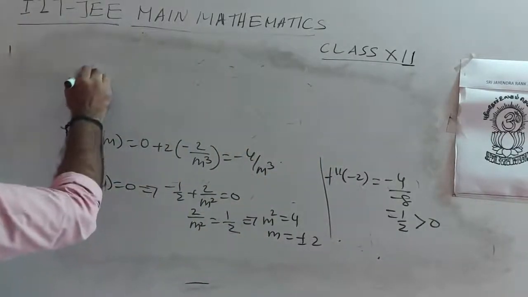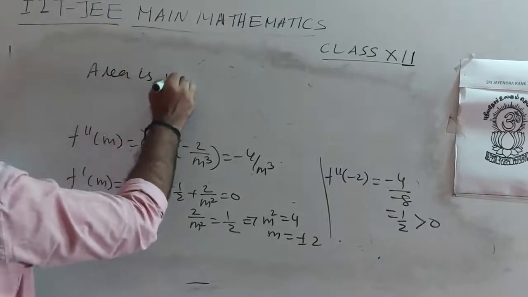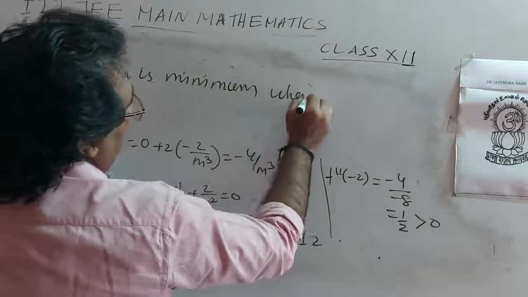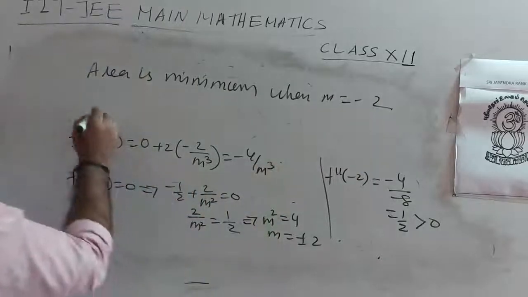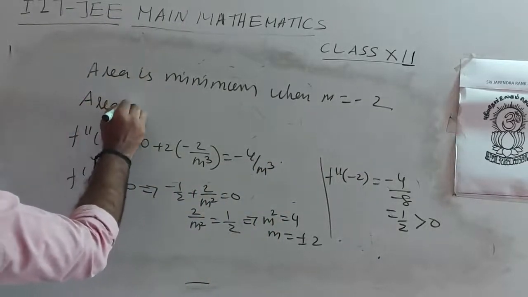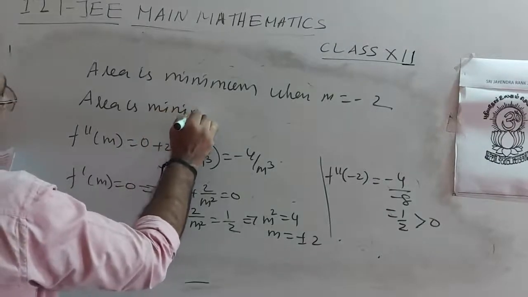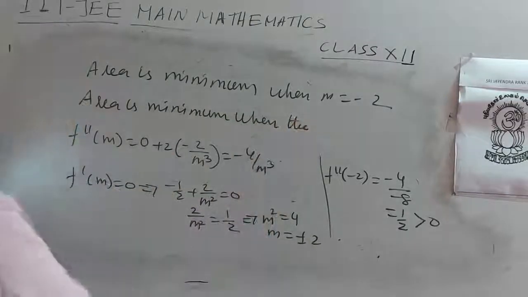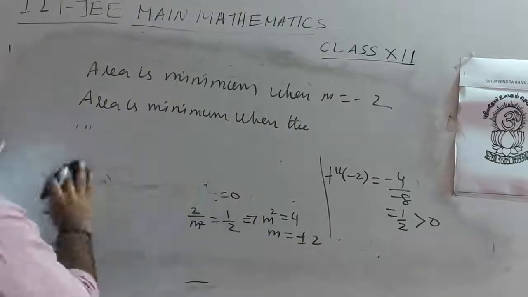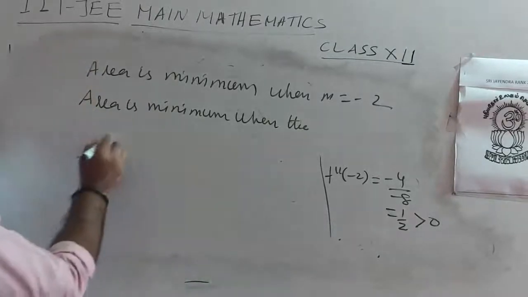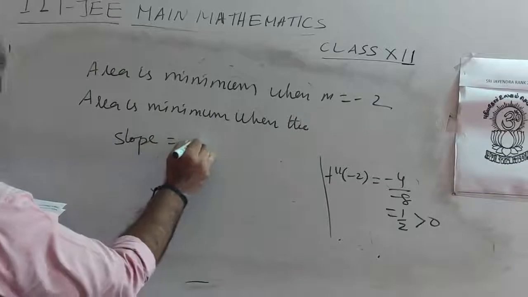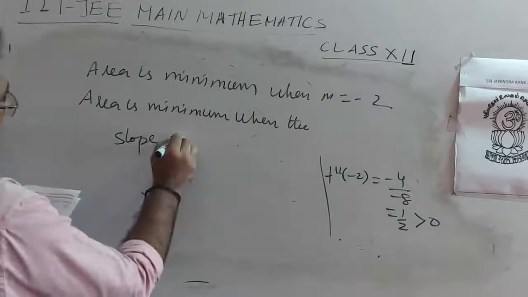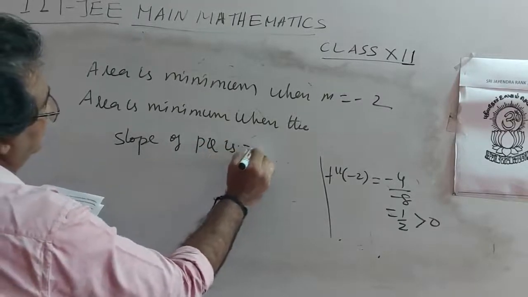So the area is minimum when m equal to minus 2, that is, when the slope of PQ is minus 2.